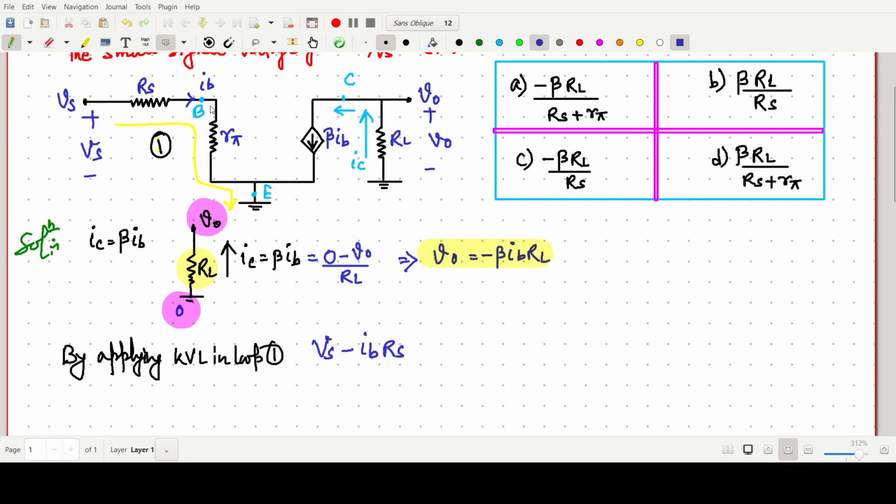And this current is going like this, minus IB R pi, and it should be 0.